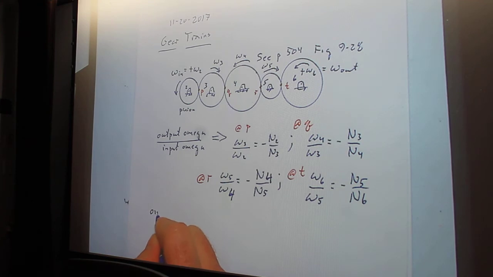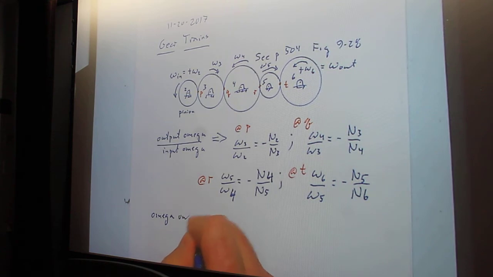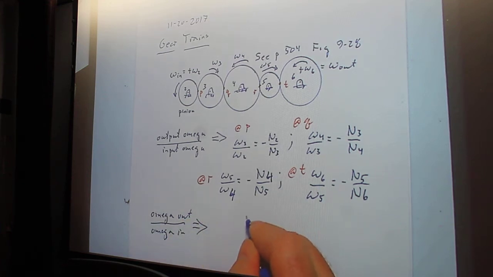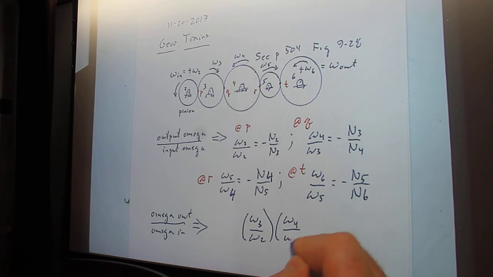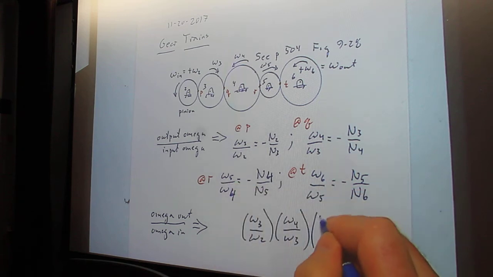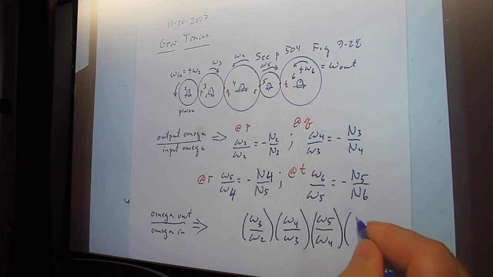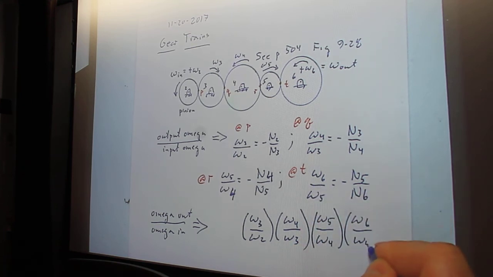So if I concatenate these, multiply them out, your omega out over your omega in, I have omega 3 over omega 2, times omega 4 over omega 3, times omega 5 over omega 4, times the last one, omega 6 over omega 5.